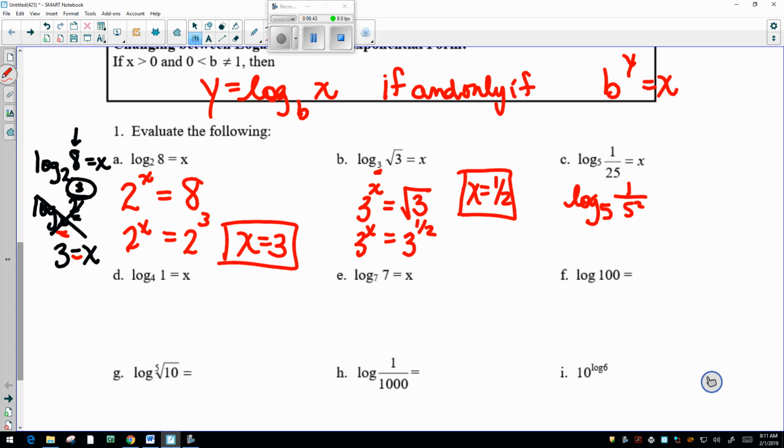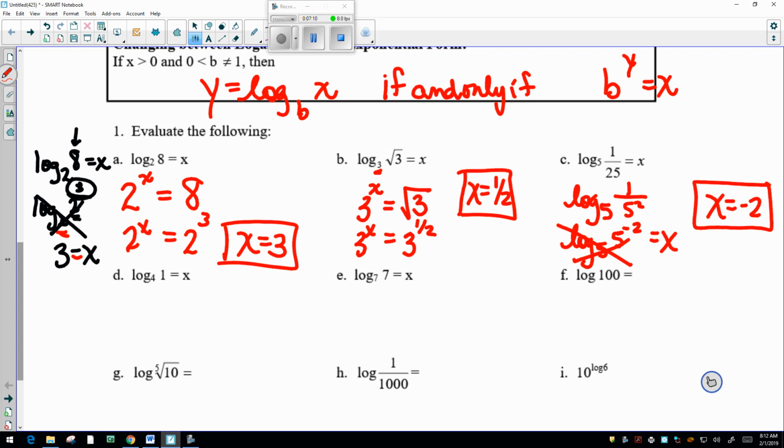Okay, now I want to take it out of the fraction. And to remove it from a fraction, I'm going to take my exponent and negate it. Now, since my log base and the number are the same, those are inverse operations, I'm able to reduce and say x is equal to -2. So again, that's that other method of doing it.